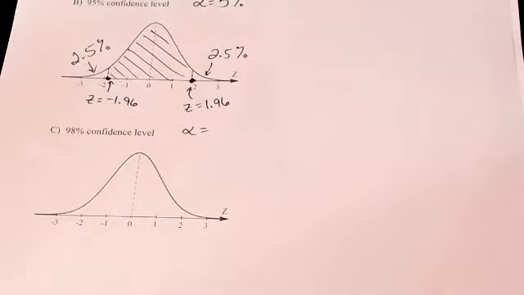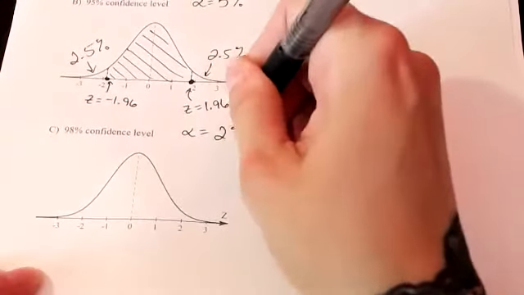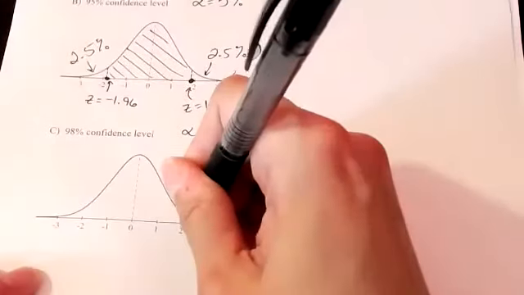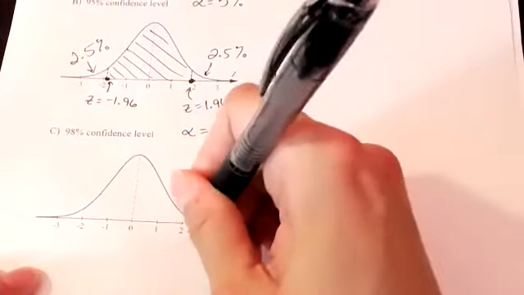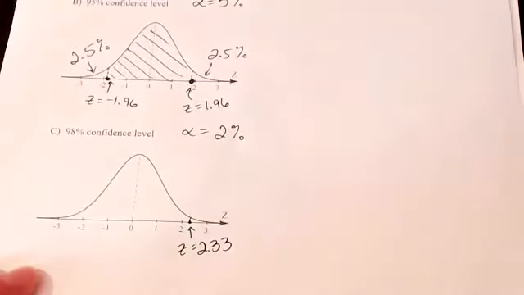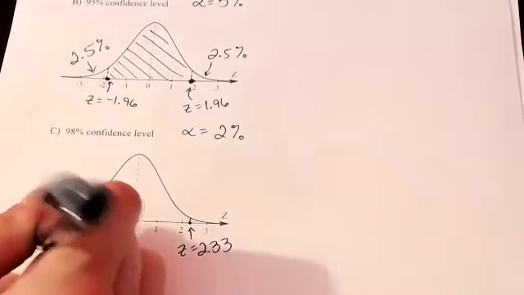With our last one, 98% confidence level, our error is going to be 2%. So 98% confidence level refers to a critical value of 2.33. Same thing. Let's just label this 2.33. Then that means we also have its negative, its opposite, so negative 2.33.